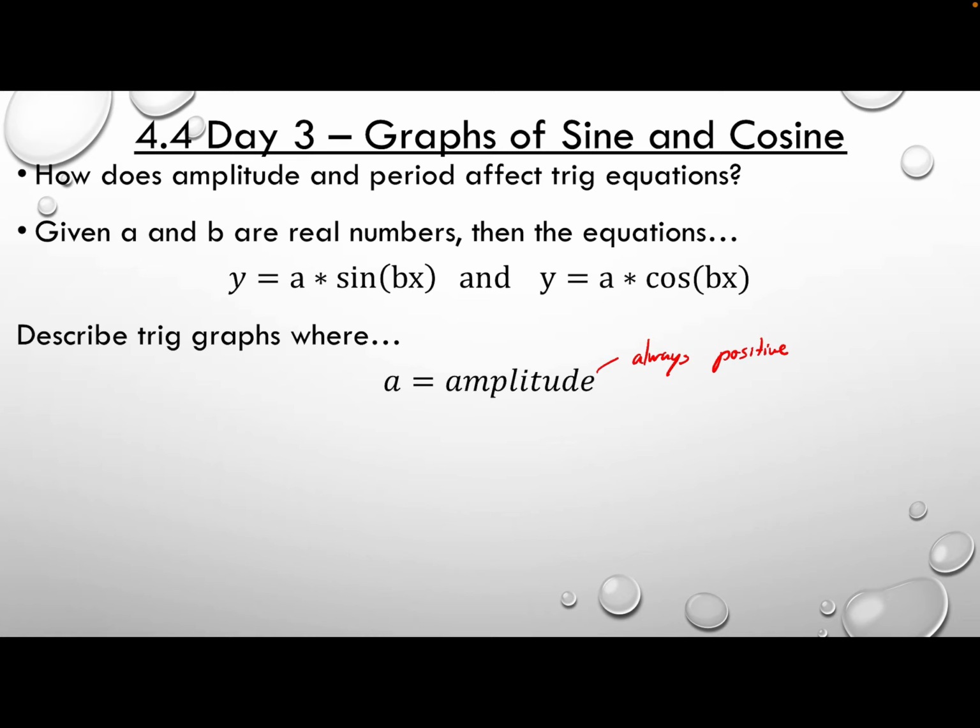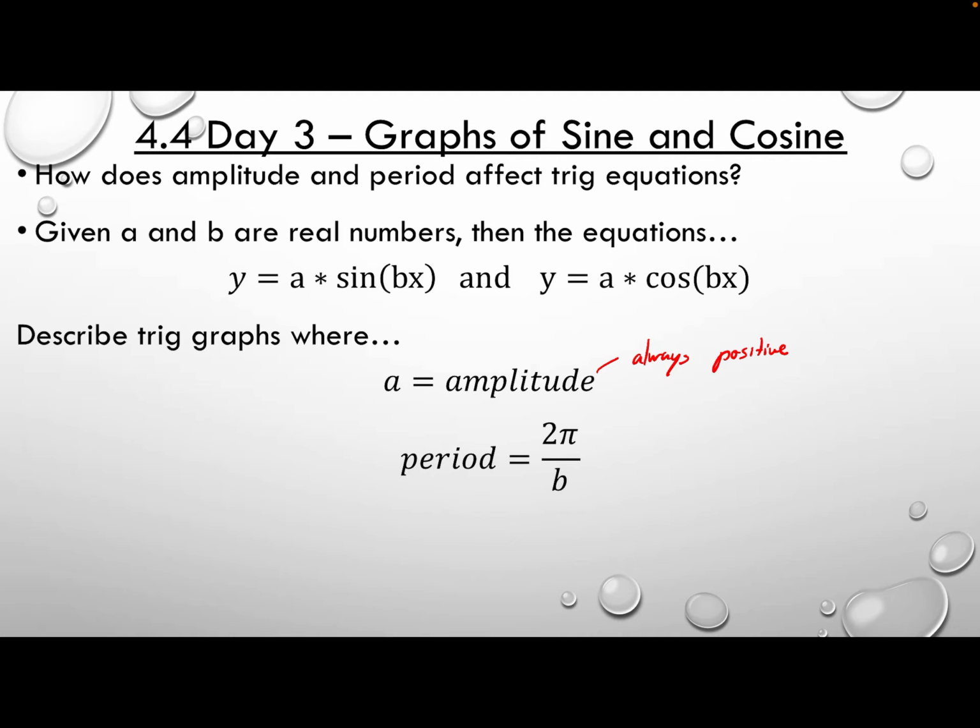All right, so back to this idea of period. Most students will remember about the a value being the amplitude, but then some students make the mistake of automatically assuming that the b value is the period. It is not. The number in front of x is not the period, not directly anyways. It's used to figure out what the period is, but it is not the period itself. The period of the graph is equal to 2 pi divided by b.